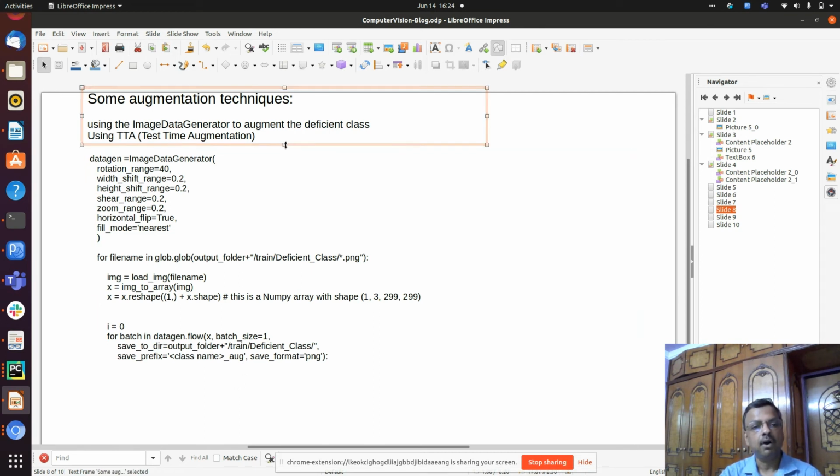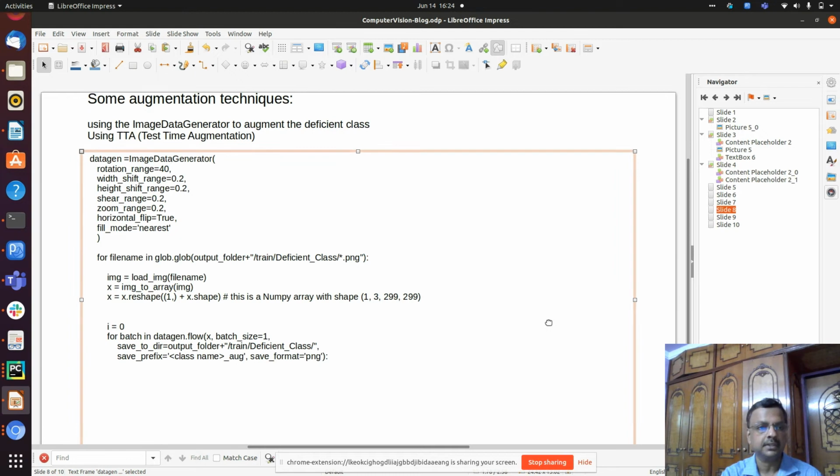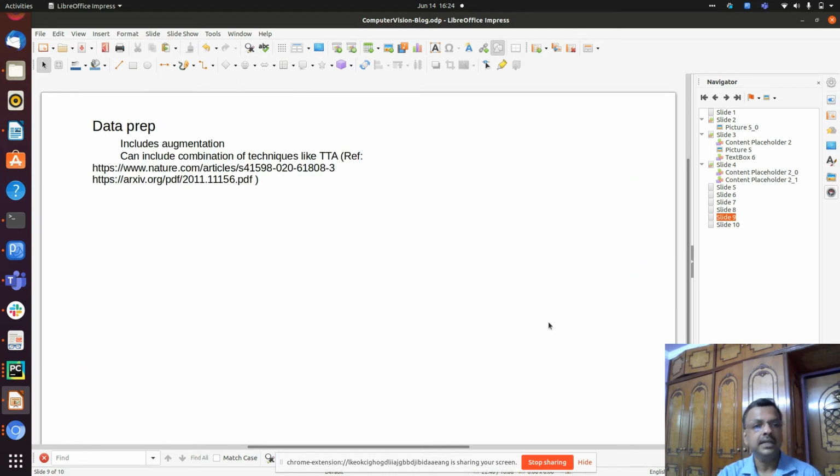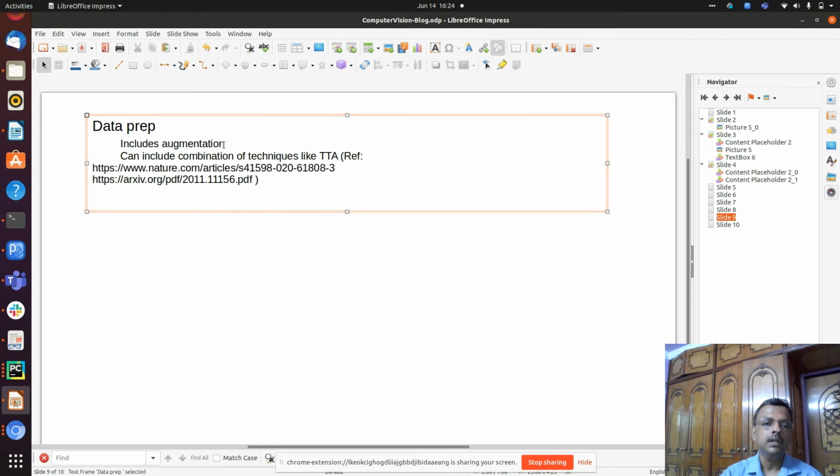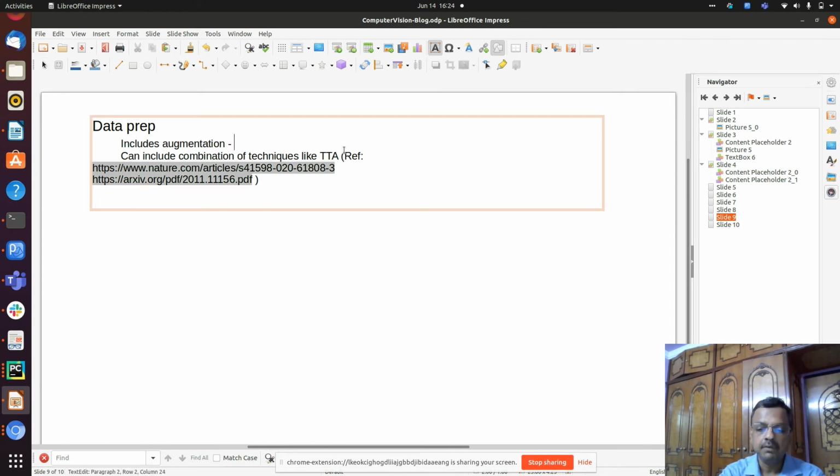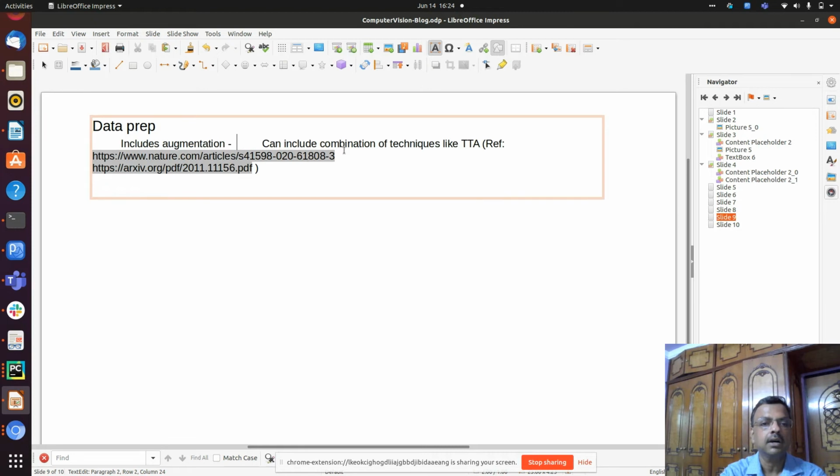The other type of augmentation is test time augmentation. We can include a combination of techniques in augmentation, and one of them is test time augmentation. What this basically means is we can use different types of augmentation techniques on the image data that we have.